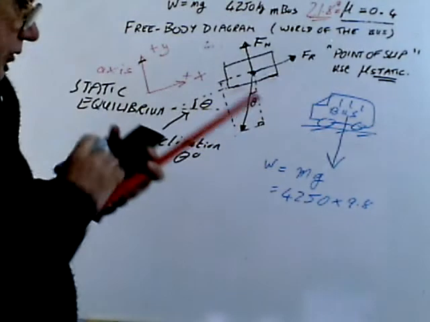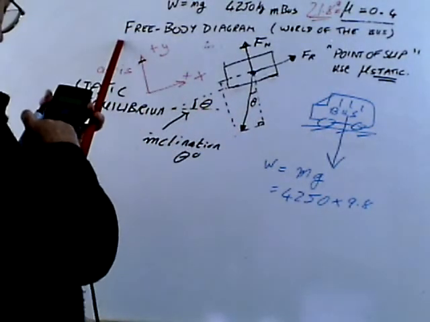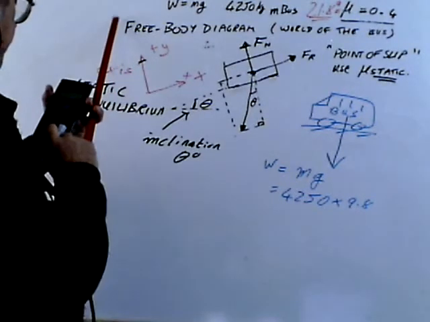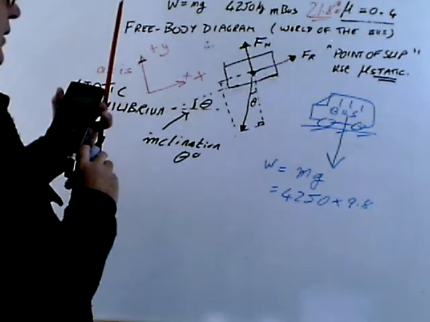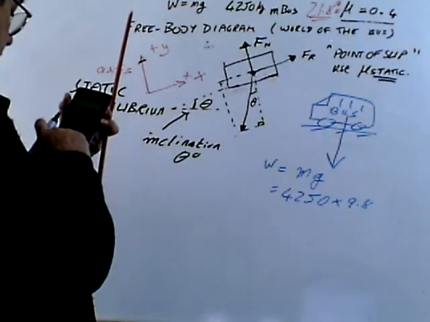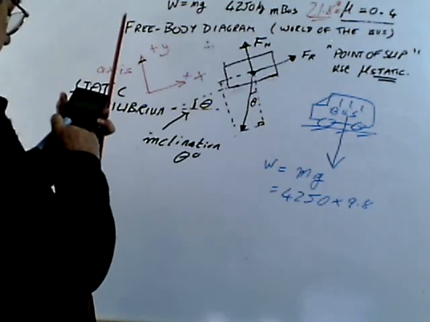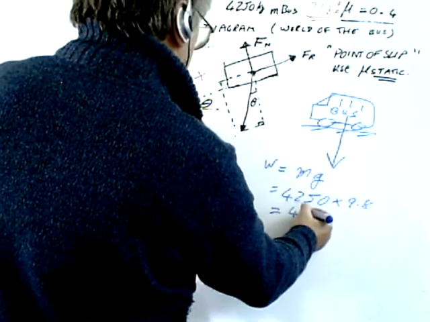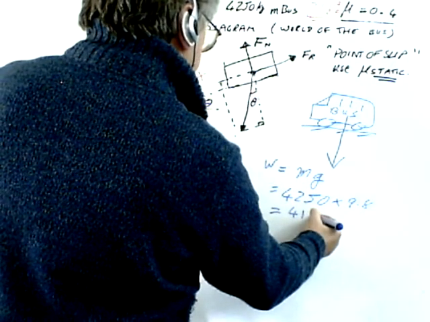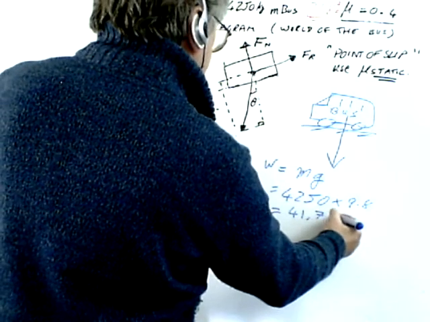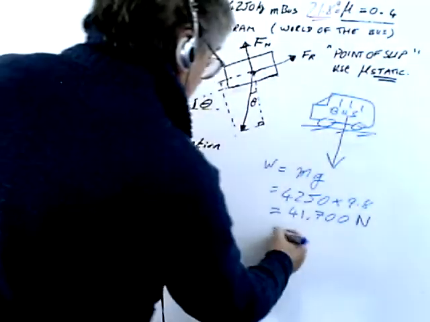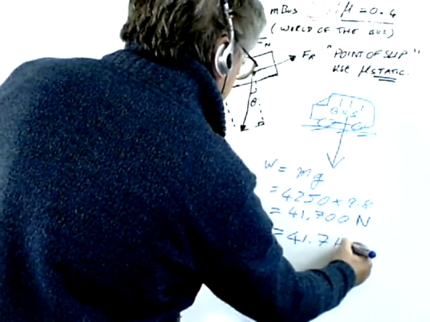So on my little calculator, I work that out. 4,250 times 9.8 gives a total weight of, I'm going to make it three significant figures, 41,700 newtons, or 41.7 kilonewtons.